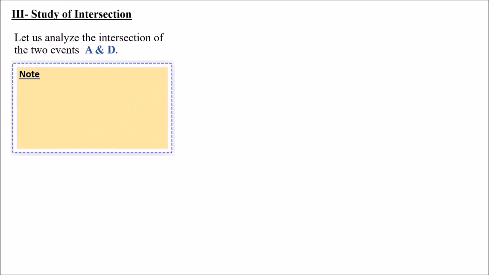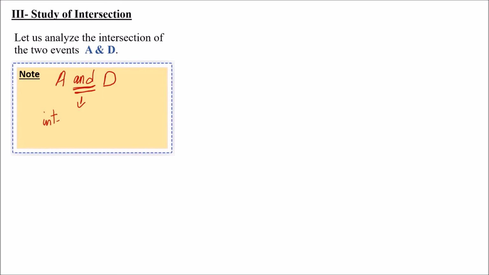Number 3, study of intersection. Let us analyze the intersection of the two events A and D. Here I need you to know some of the terminologies about probability. Whenever you have event A and D, this "and" means intersection.